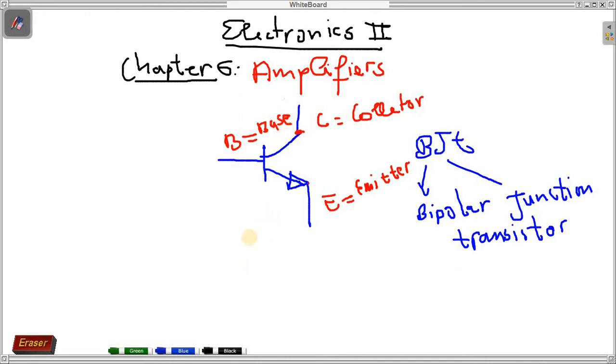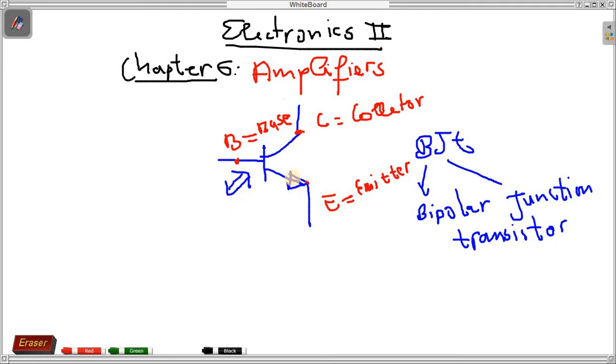And we have two types of this transistor.